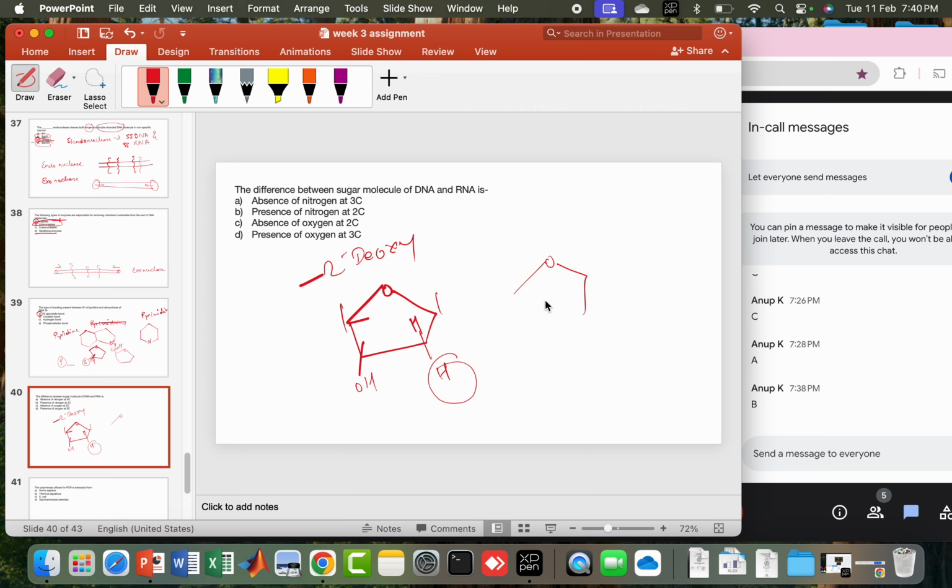Whereas in ribose, we have a 2' hydroxyl group present here. So in ribose you do have a 2' hydroxyl group, whereas in deoxyribose you don't. So the correct answer is absence of oxygen at 2C. This is the second carbon, so the oxygen is absent.